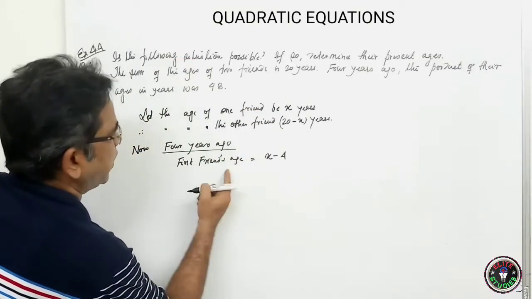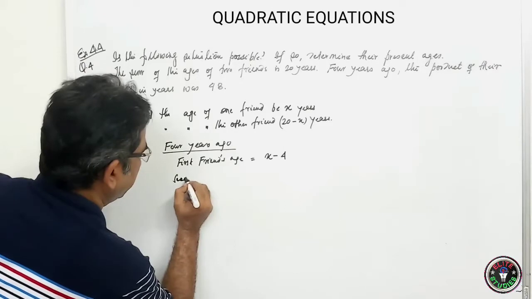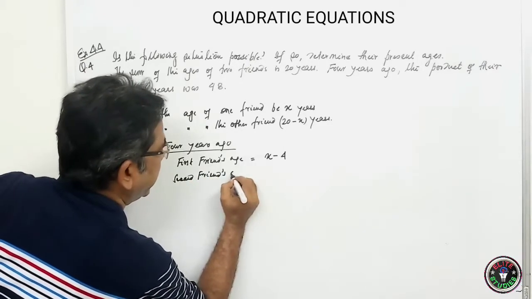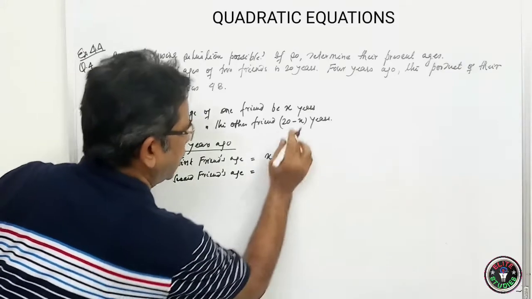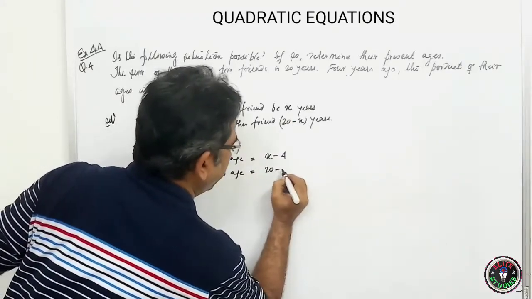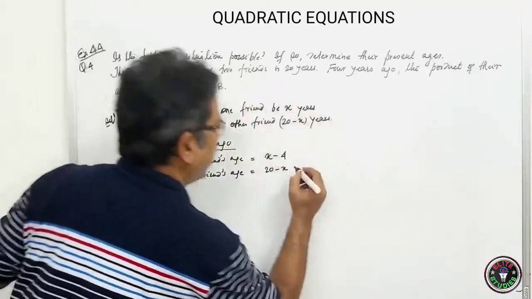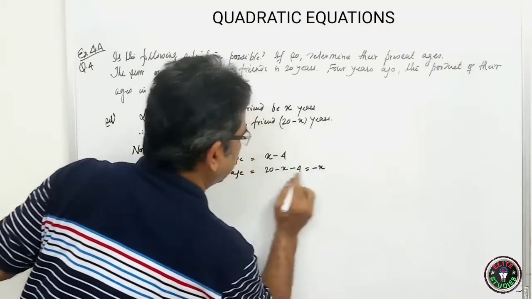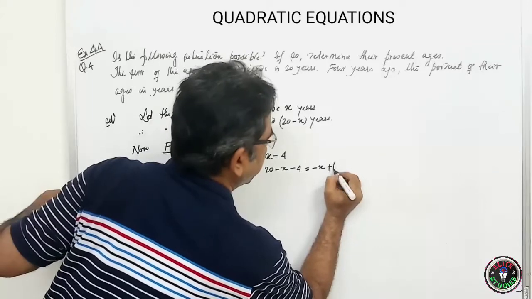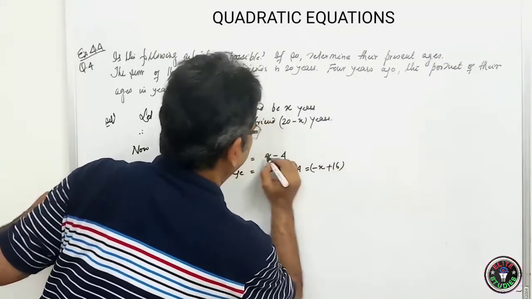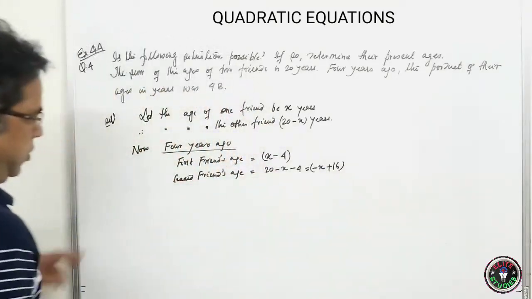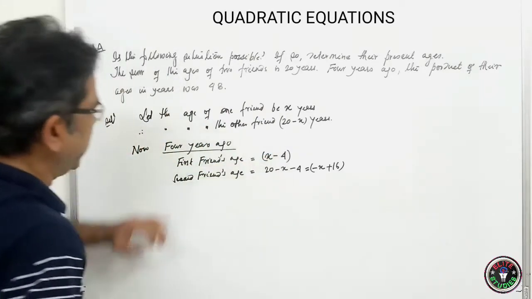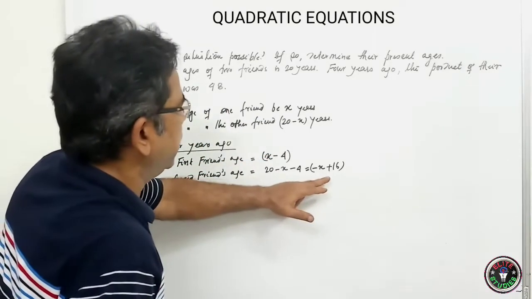The second friend's age: now he is 20 minus X, so before 4 years he will be 20 minus X minus 4, that is 16 minus X. Clear? So 4 years ago, the first friend's age was X minus 4 and the second friend's age was 16 minus X.